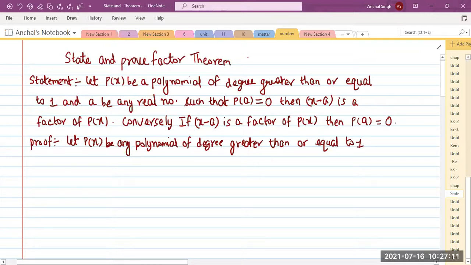Okay, then it is saying and a be any real number, such that pa is given equal to 0.